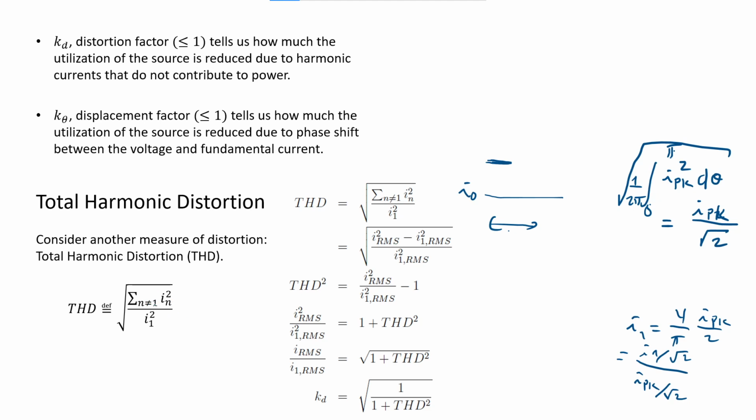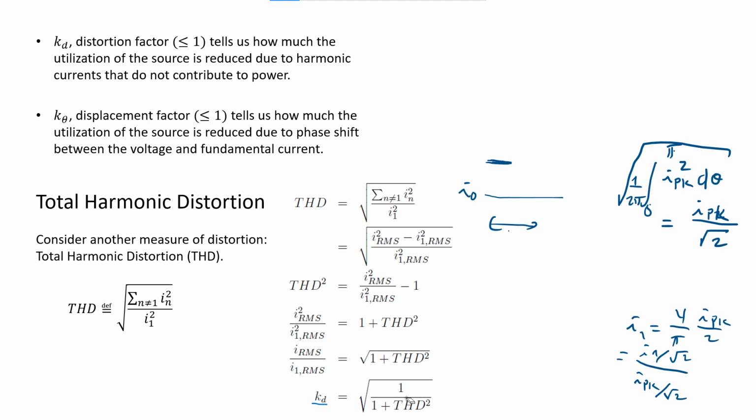Okay, and the denominator is I1 itself. So we can manipulate this expression. Finally, we can have distortion factor KD as a function of total harmonic distortion.